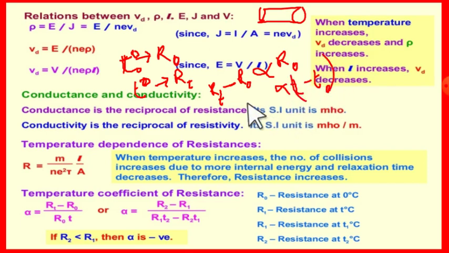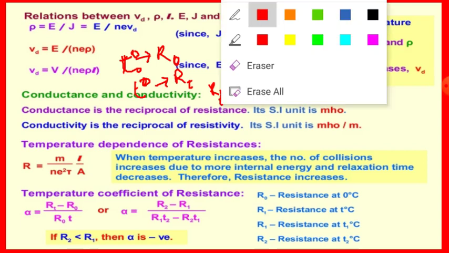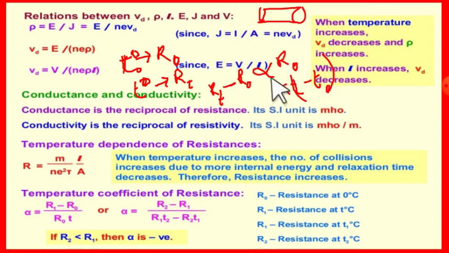So this increase in resistance or change in resistance is directly proportional to the original resistance, and is again directly proportional to the rise in temperature. If the rise in temperature is more and more, then the increase in resistance will also be more. So if we want to write these collectively, we have to write it in the form of a product.